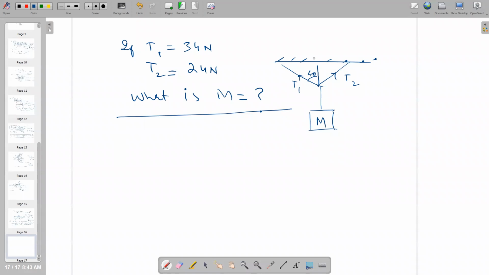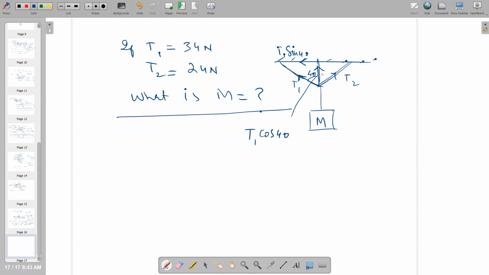How can we write the equations? Okay, see this one. This is this string, this is this string, and you can draw the components. So if this is T1, then in front of this angle it will be T1 sine of 40. And this line will be T1 cos of 40.